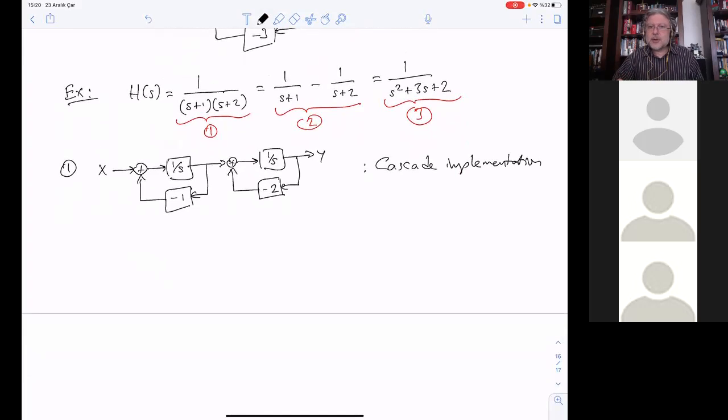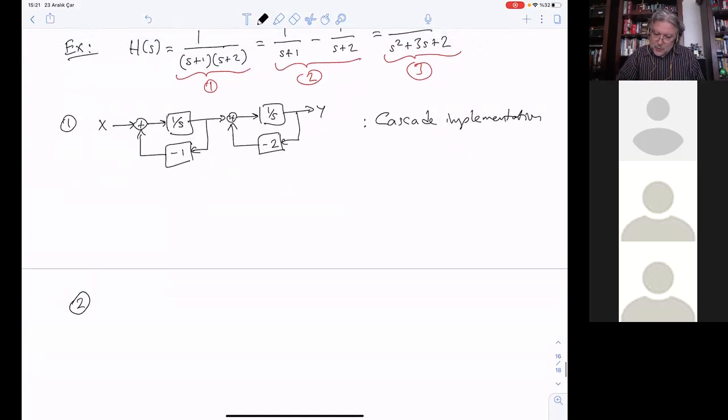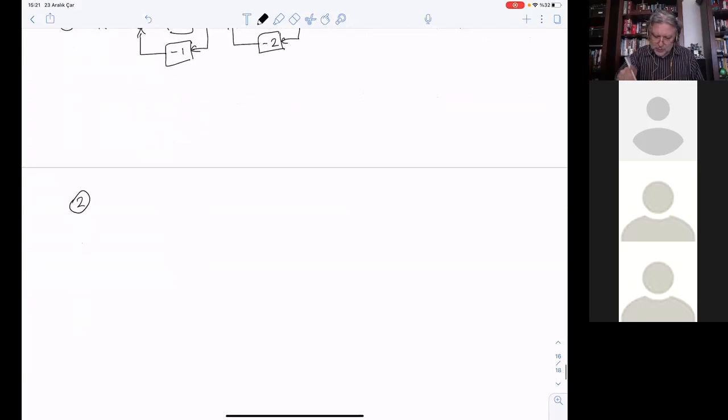The second alternative is for the region marked as 2. So let's also do it. We have again two first order systems. One of them is 1 over s plus 1, and then we also have 1 over s plus 2, and we subtract the second system output from the first system output, and it may go like this.